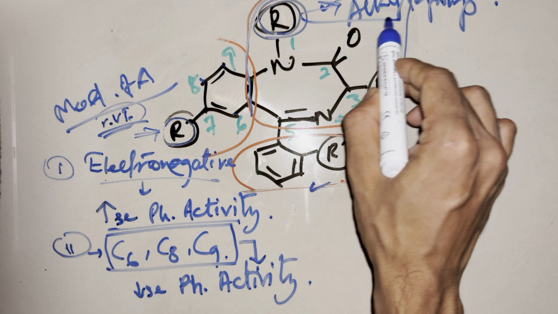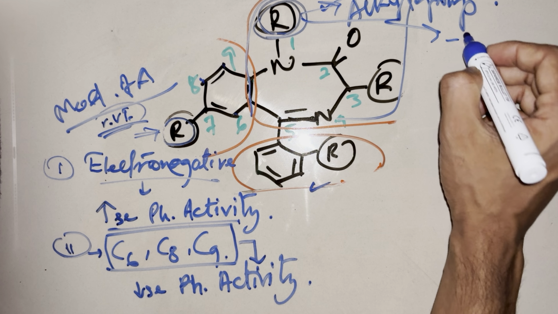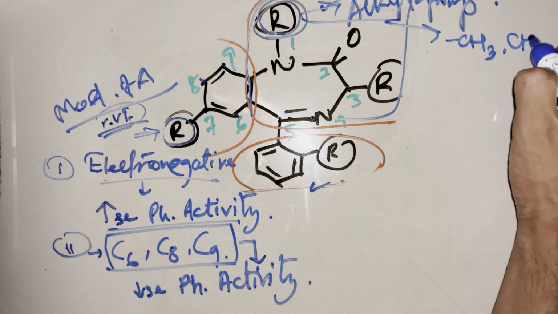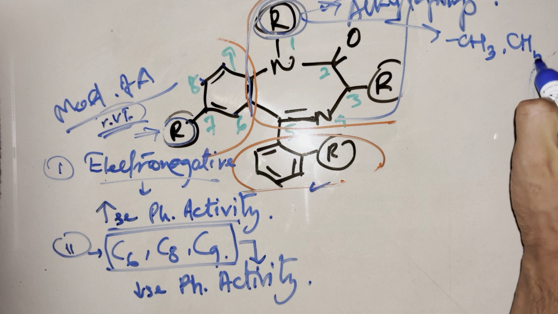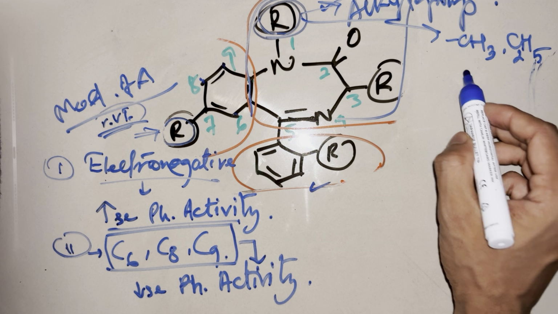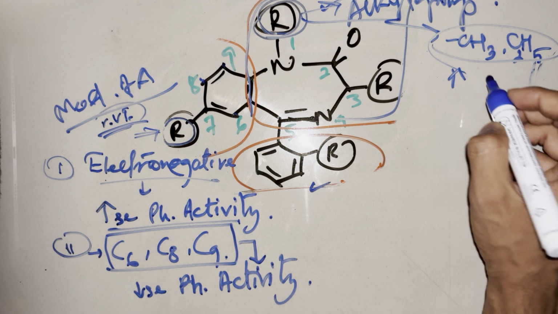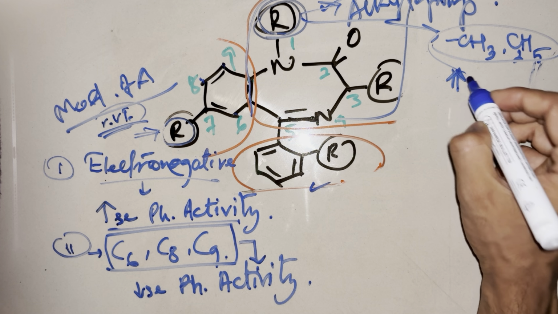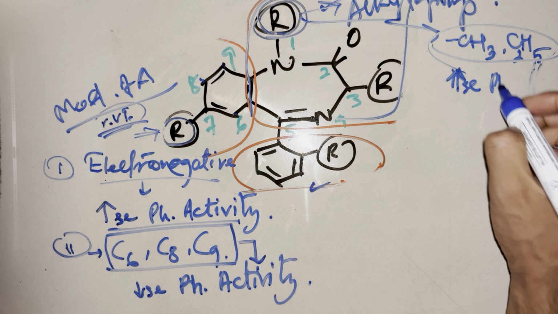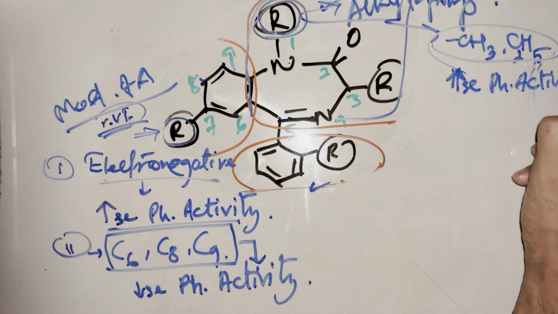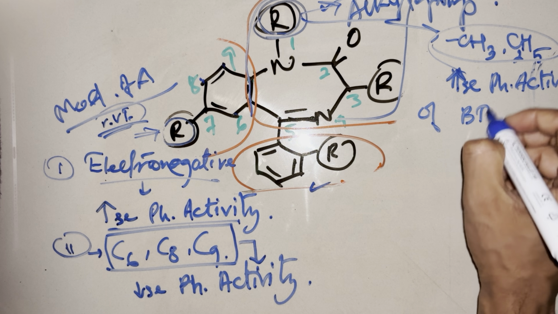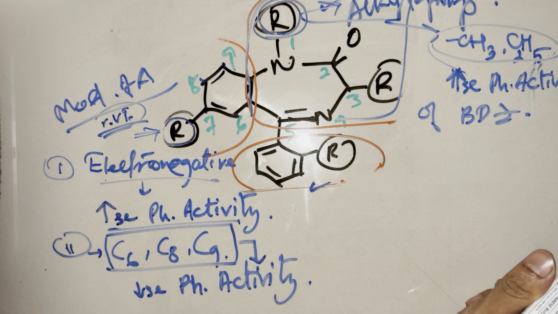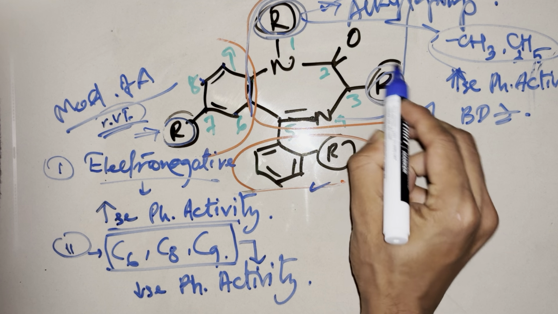So if any kind of alkyl group, that is CH3 or C2H5 or something like this, is present, it will increase the pharmacological activity of benzodiazepines, BDZ.